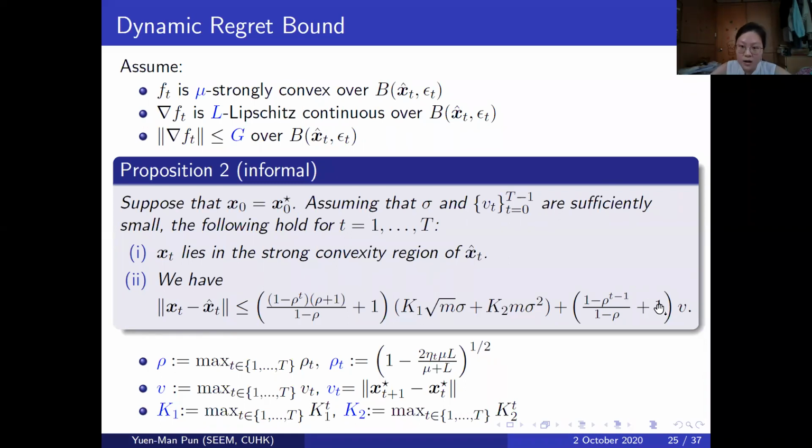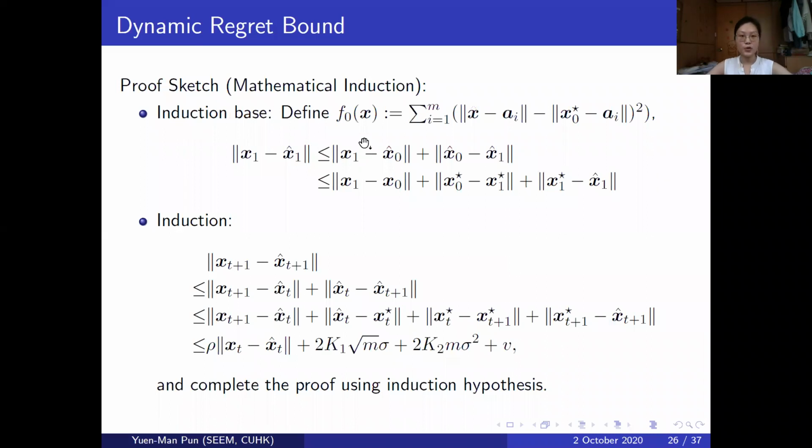So as long as the noise power is small and the path variation is small, this can be upper bounded by some small quantity, and as long as xt is really close to xt hat, then we have xt lies in a strong convexity region of ft hat. Okay, so this actually can be proved by mathematical induction.